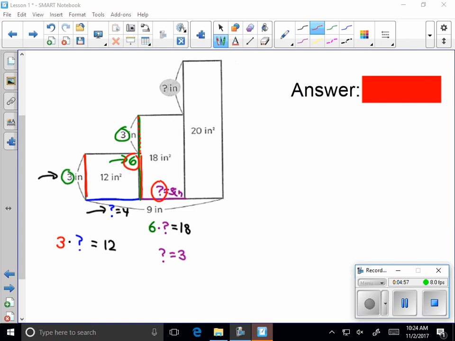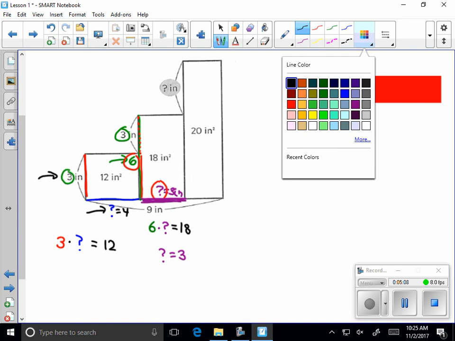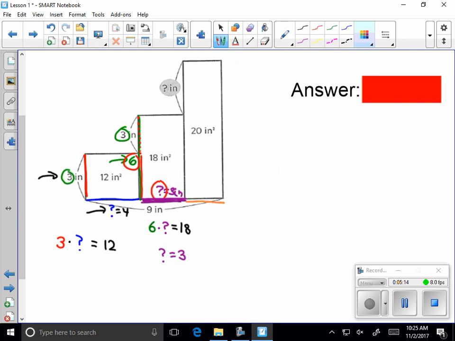So now I know that this purple length right here is 3. So how would I find, let's go with some distinguishable color, which is relatively gross. Oh, well, let's go orange. How would I find that length? Because that length is going to help, right? Yeah, cool.